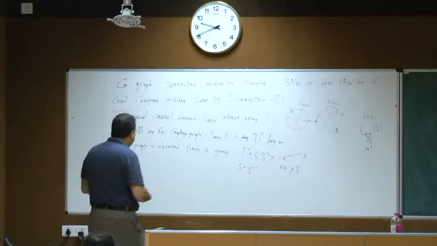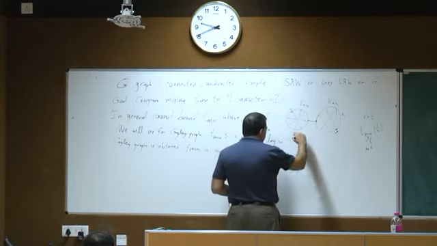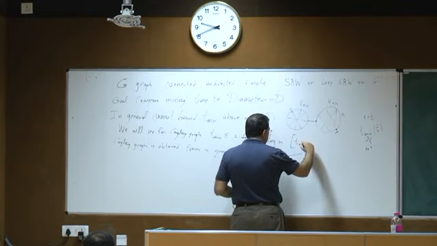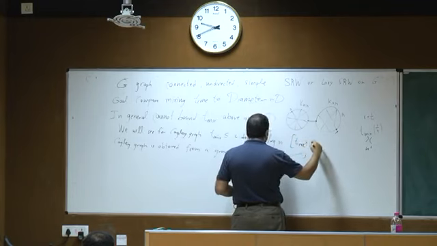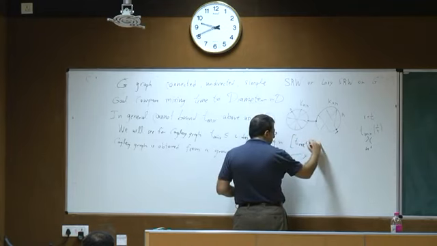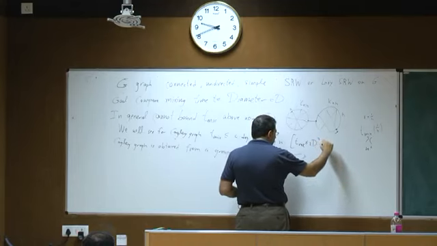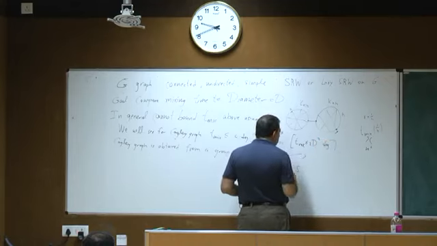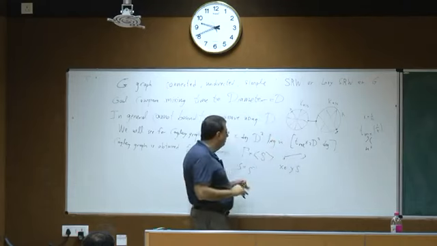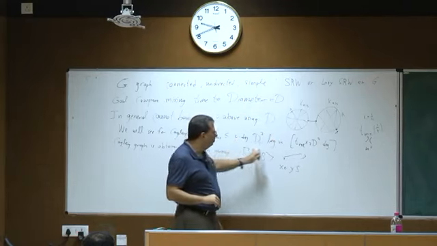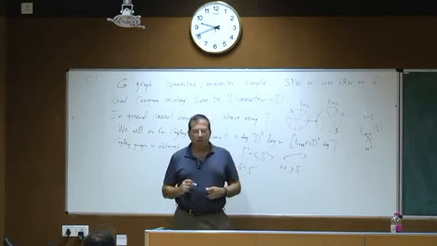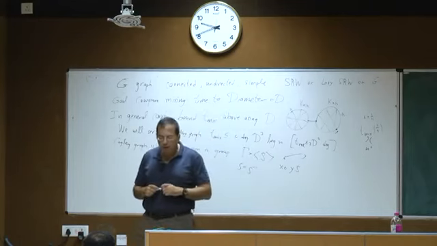In fact, this bound is based on the bound for the relaxation time. The relaxation time is at most 2 times d squared times the degree. And then once you know that, you easily get the bound for the mixing time because of the relation we discussed between the mixing and the relaxation time.